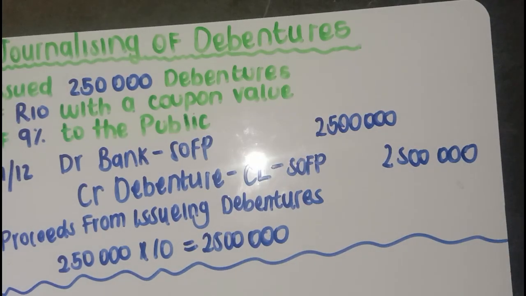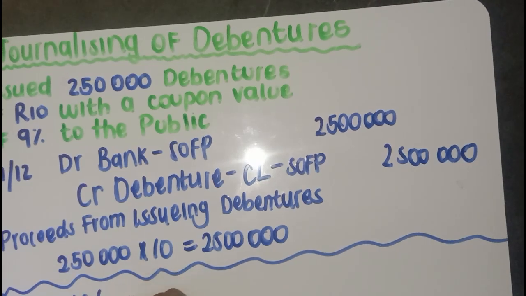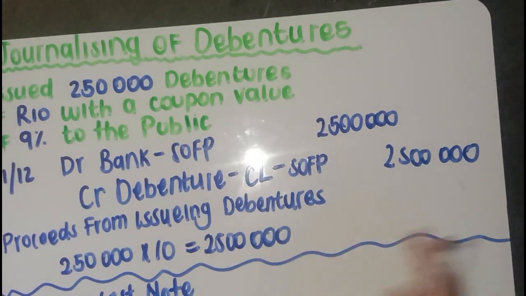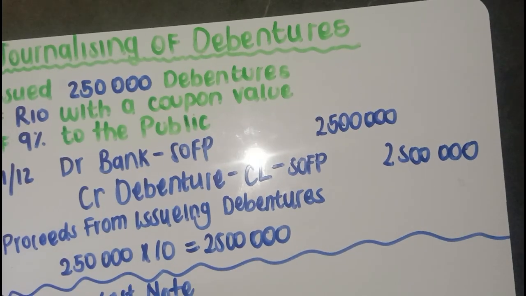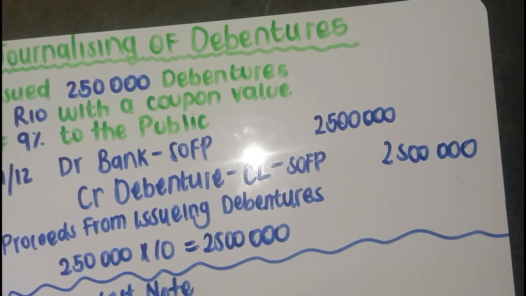So obviously you're going to have your finance cost note, right? And then on your finance cost note, you're going to say interest on debentures.